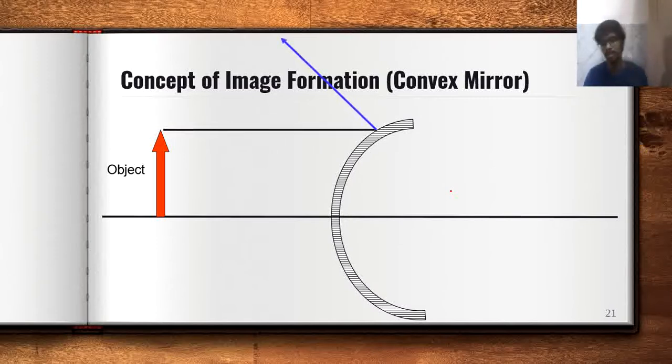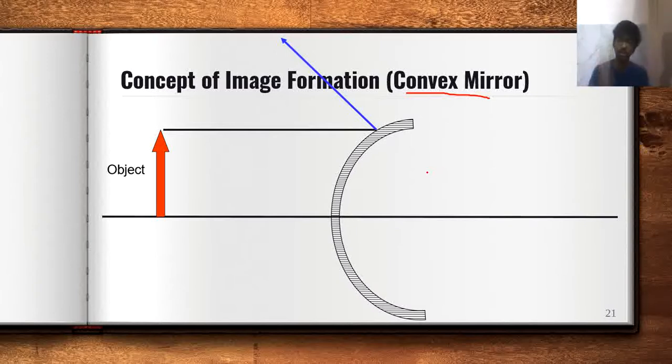We have already discussed in lecture 2 how the reflected ray will be. Now remember, in the case of a convex mirror, you need to extend the reflected ray to the back of the mirror.